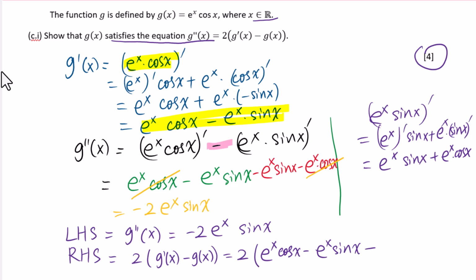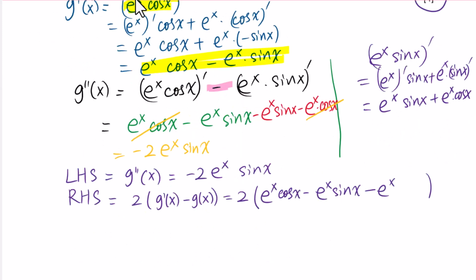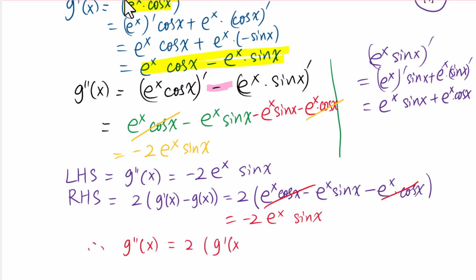Then minus g of x is e to the x power times cosine x. Simplify, cancelled, equals negative 2 e to the x power sine x. So g double prime of x equals 2 g prime of x minus g of x.